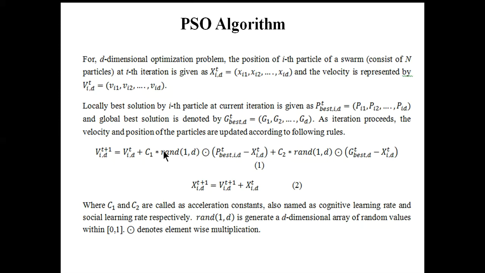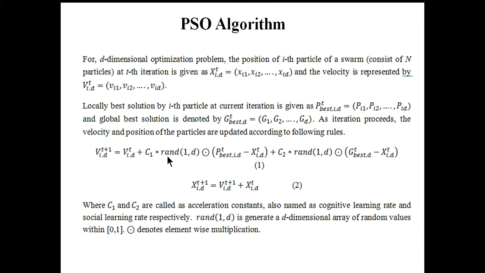Okay, so here c1 and c2 are called the acceleration constants, and c1 is also known as the cognitive learning rate, and c2 is also known as the social learning rate.